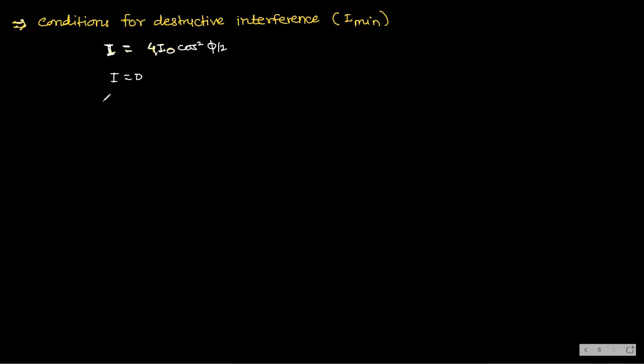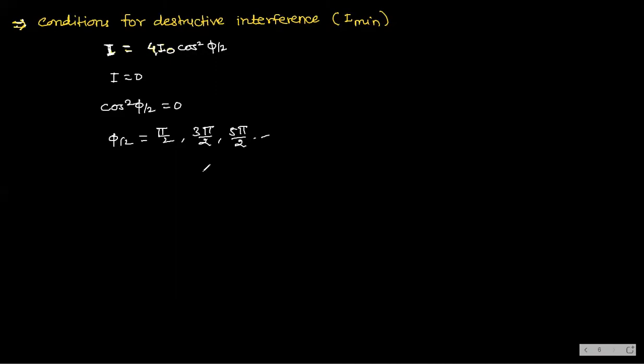So for what angle you will get 0? This cos square phi by 2 should be equal to 0. That implies phi by 2 is equal to pi by 2, right? Cos pi by 2 is 0, cos square pi by 2 is 0. Pi by 2, then 3 pi by 2, then 5 pi by 2, 7 pi by 2, and so on.